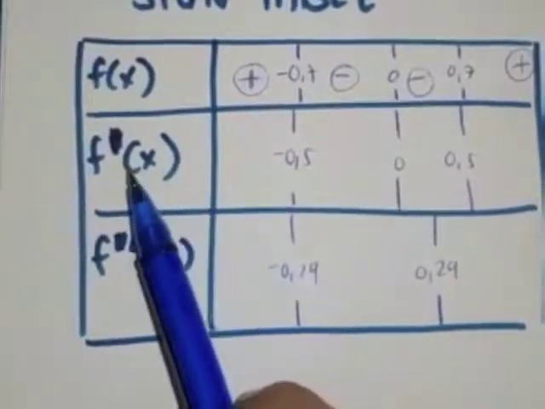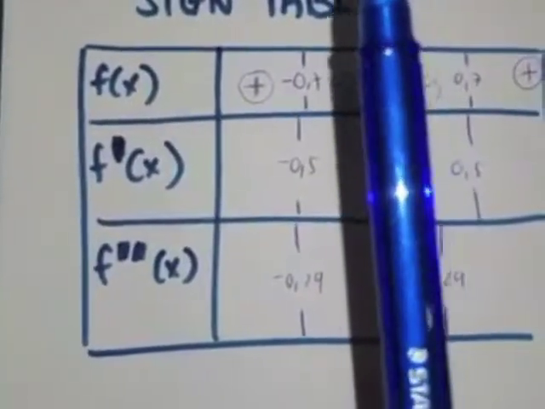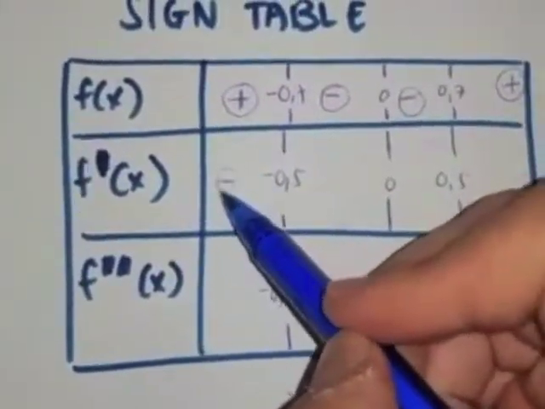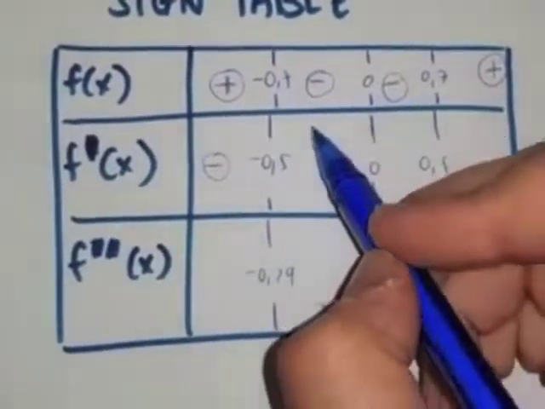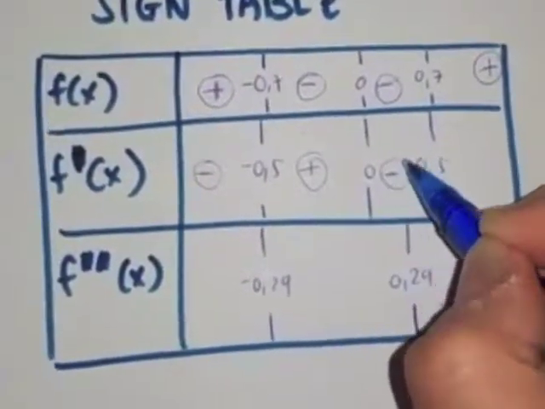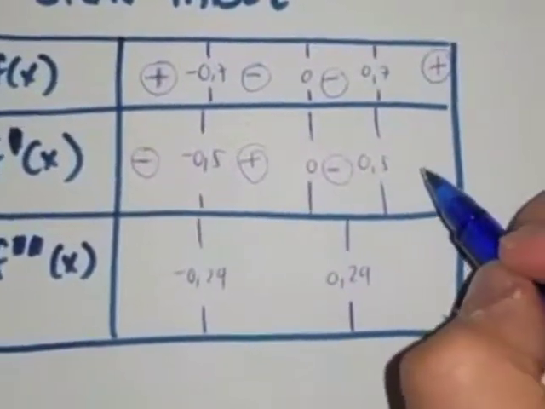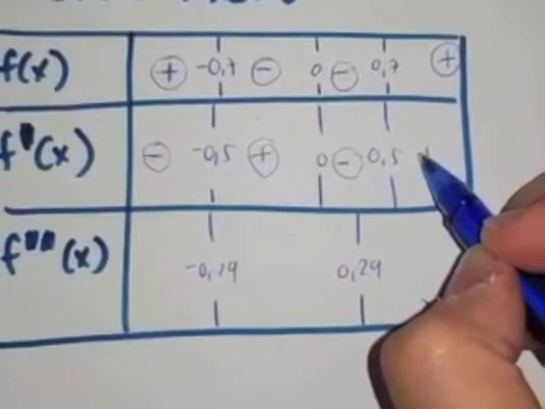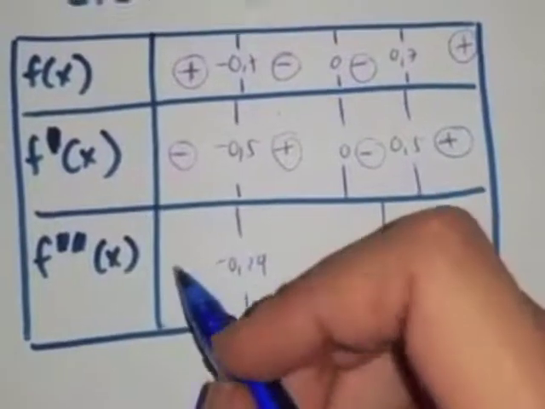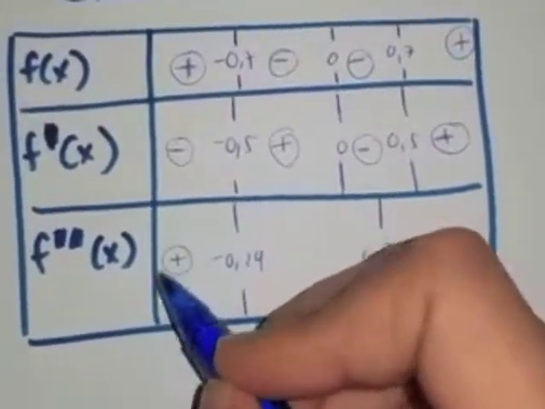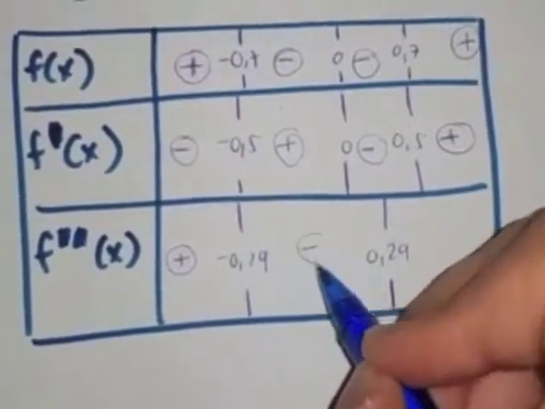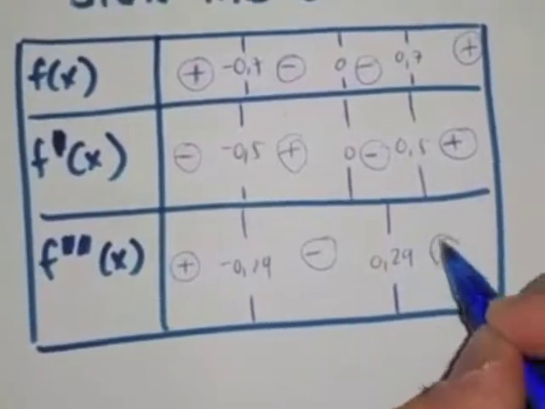If you plug a value into the first derivative of the function, you will get a negative number if the value is less than negative half, a positive number between negative a half and 0, a negative number between 0 and a half, and a positive number where the value is more than 0.5. For the second derivative, where the value is less than negative 0.29, you'll get a positive number. Between negative 0.29 and 0.29, you'll get a negative number. And more than 0.29, a positive number.